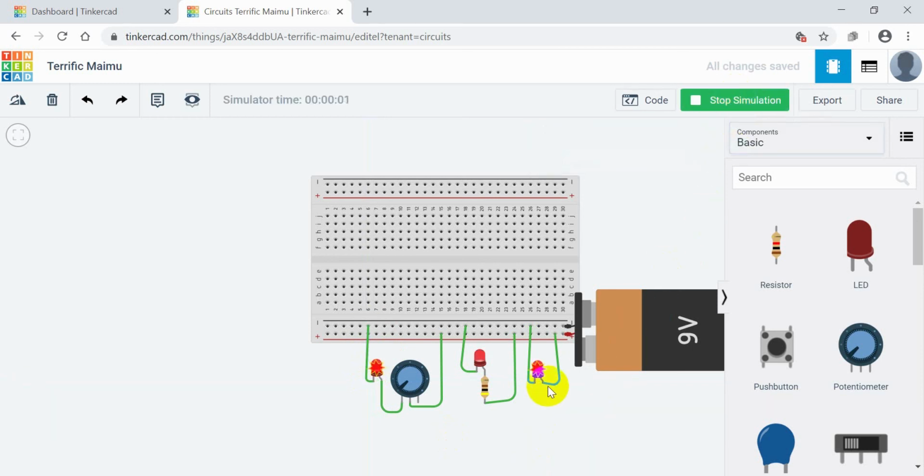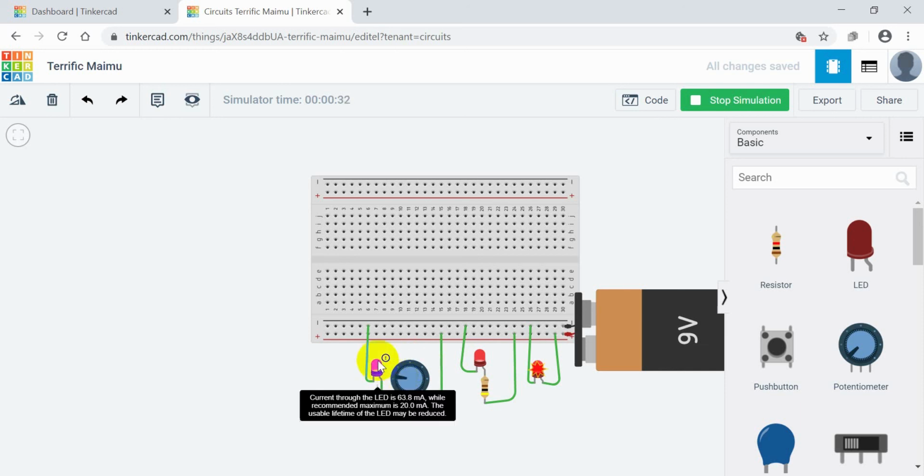Check here again, LED1 is already damaged, LED2 is glowing because of the current limiting safety resistor, but the third LED is also damaged. Why? Because this pot is connected, but it is in the initial position, 0 ohms only. Now I am changing the wiper contact. Observe the wiper contact movement. When the wiper contact is moving, the resistance value is changing, increasing gradually.